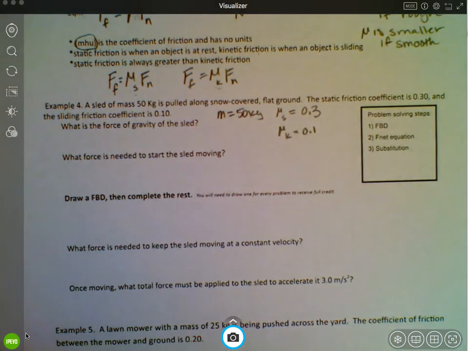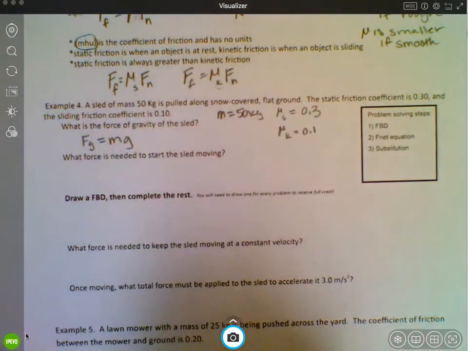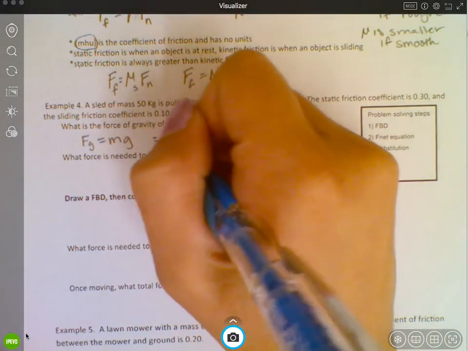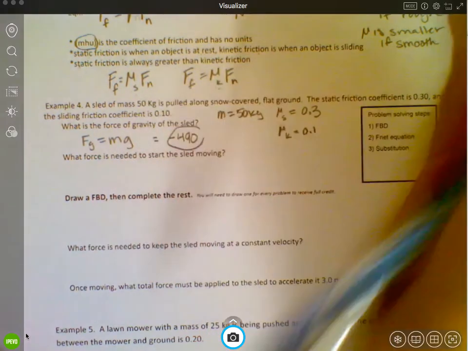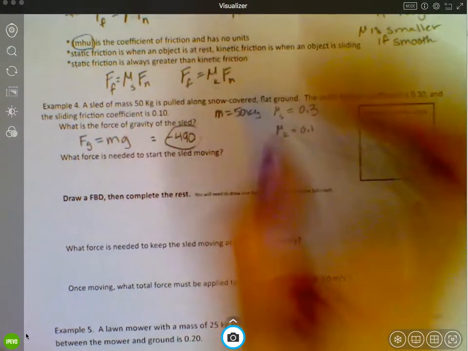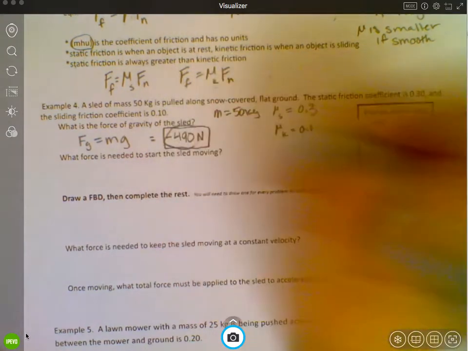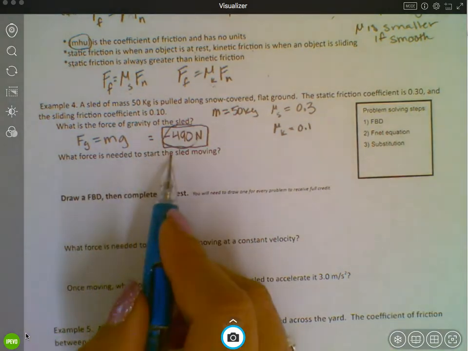What is the force of gravity of the sled? So force of gravity, we know, is equal to m times acceleration of gravity. So 50 times negative 9.8. Oops, let's put units on that. Okay, negative 490.